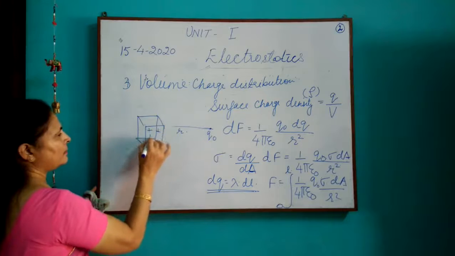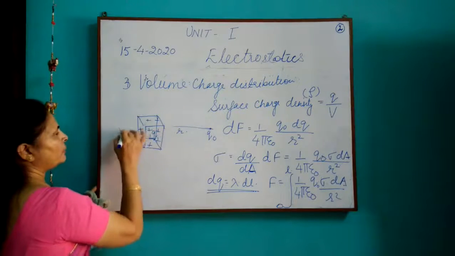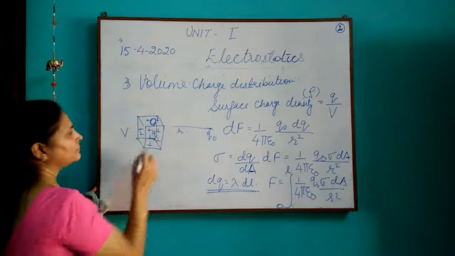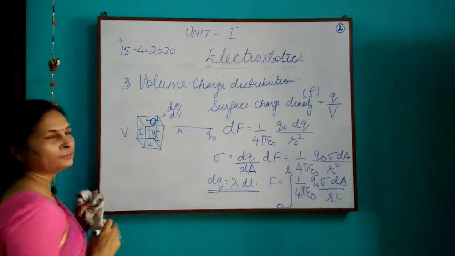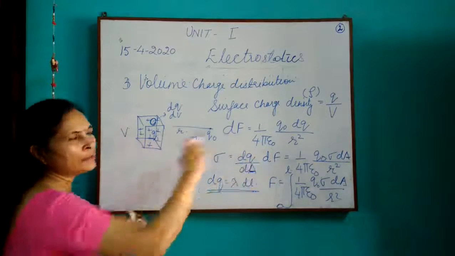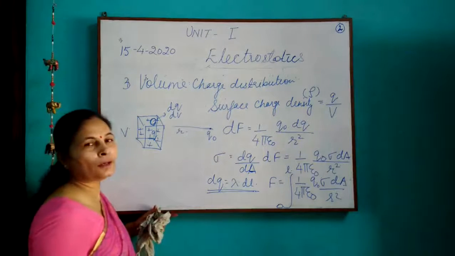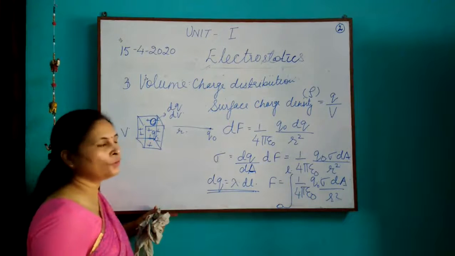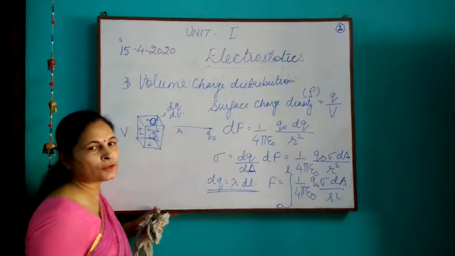So the charge is, say again, Q over a given volume, say V. I'll take a small volume, with charge say dq and volume dV, and accordingly change the expression. In this way, we can use Coulomb's law to find out force due to continuous distribution of charge.